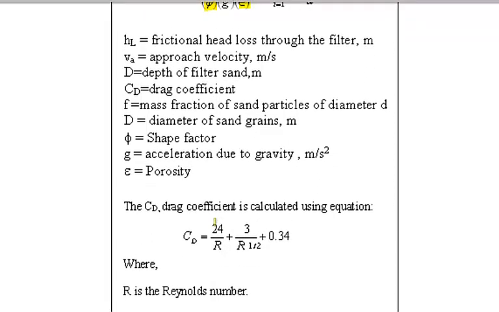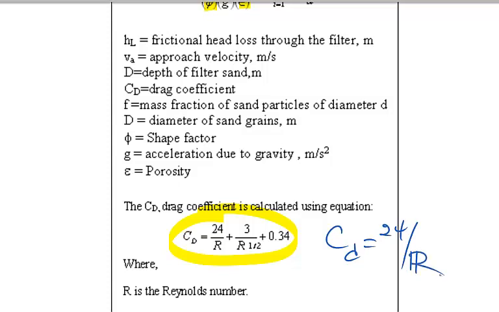And we've got the coefficient of drag. This form is commonly for transitional flow, but you can also have CD equal to 24 divided by the Reynolds number if you're in laminar flow, which might be more relevant for these types of filtration systems.